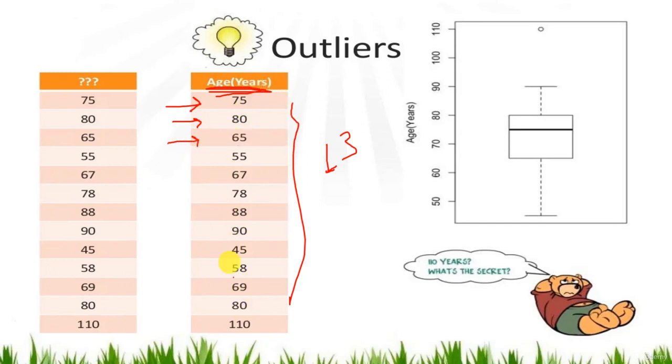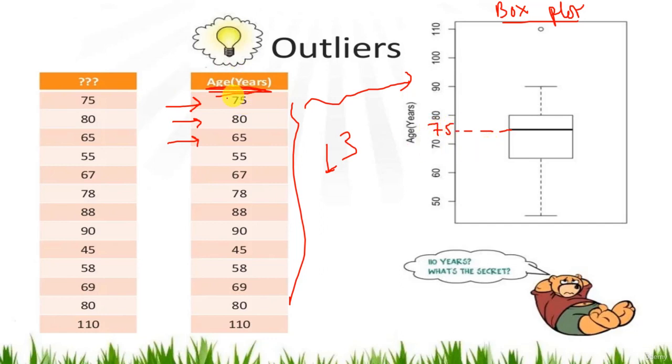Now I used this data to do some visualization, and I plotted a box plot. This is what a box plot looks like. In this box plot, you can see most of the people's ages have a median near 75.